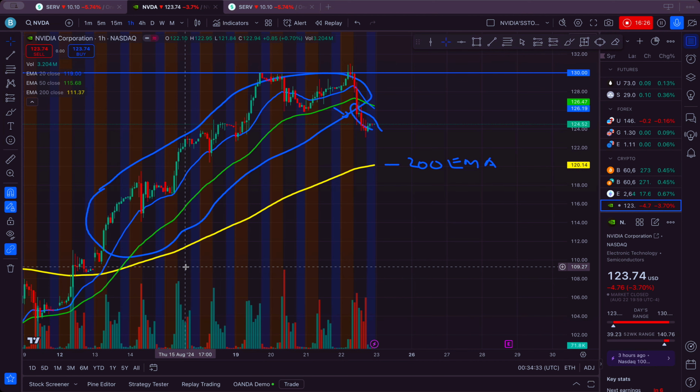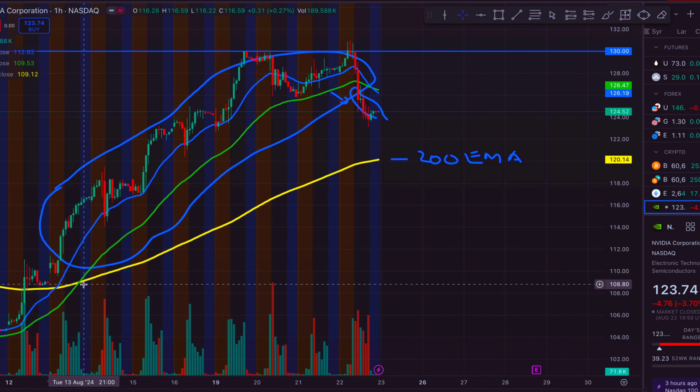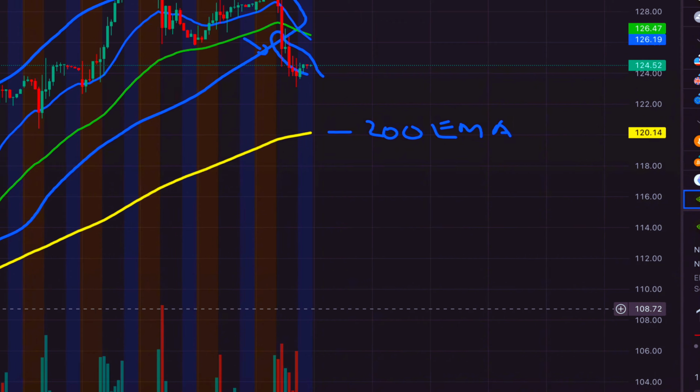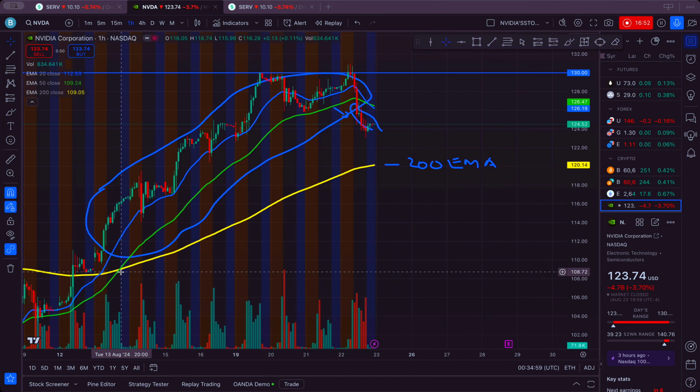Traders pay close attention to how the price behaves around this line, because institutional investors, I mean smart money, big banks, large institutions, billionaires, they love to trade on supply and demand.